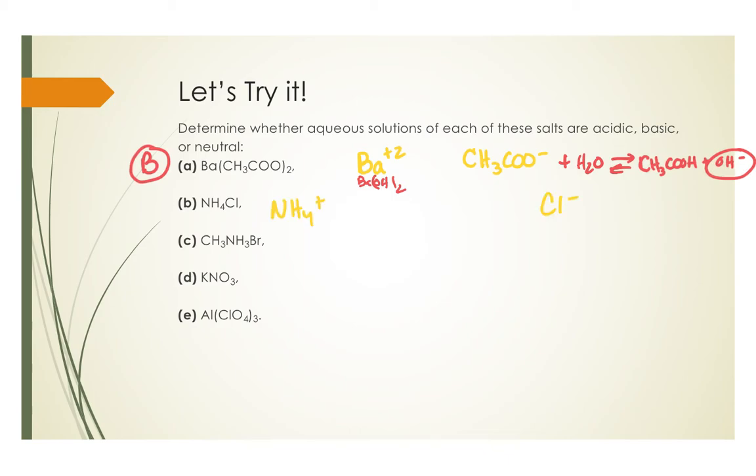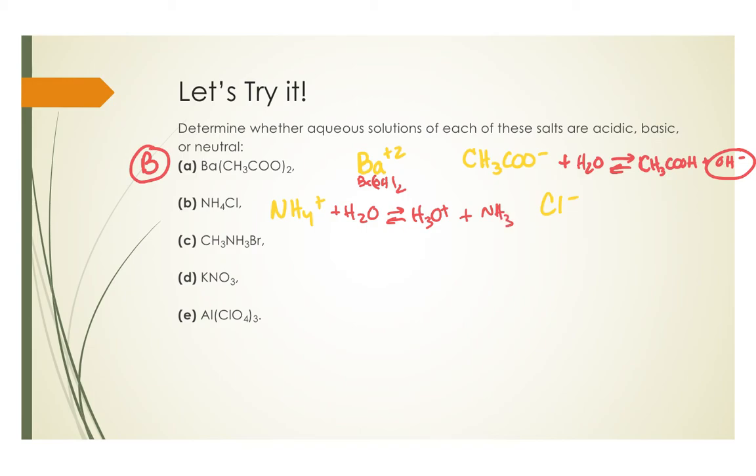We've got NH4 plus. The conjugate base for that is going to be NH3. That is a weak base. And so this one will react with water, giving us H3O plus plus NH3.